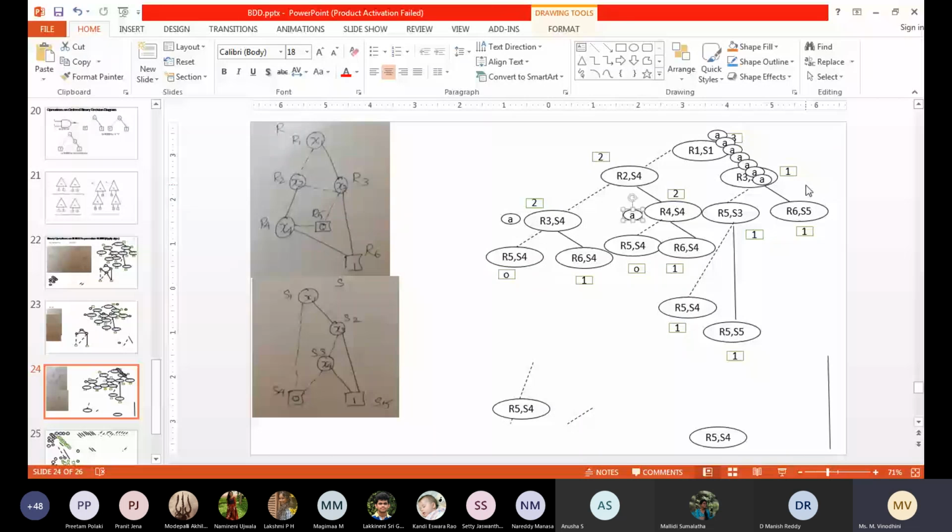When you assign the variable, don't assign a variable for the last nodes. The least one, there you don't assign the variables. Make a note of it.